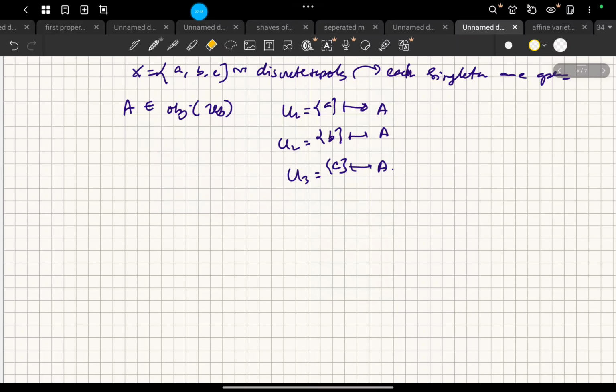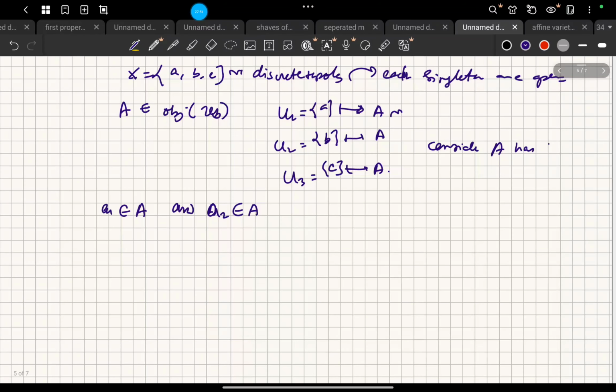And we define A1 belongs to A and A2 belongs to A. Consider that A has more than two elements, so that A1 is not equal to A2.